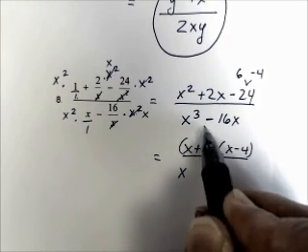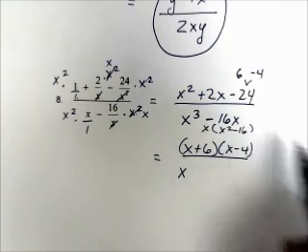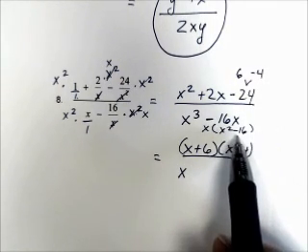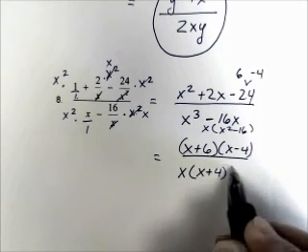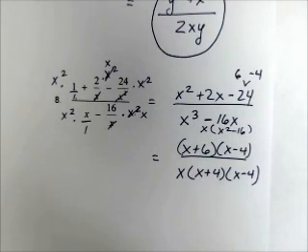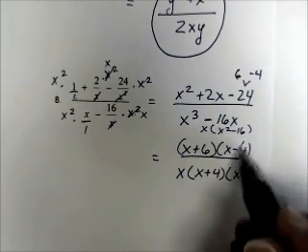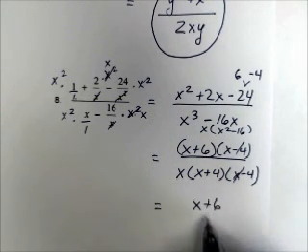If we take out x, I'm going to do this in one step, then we'll end up with x squared minus 16, but the x squared minus 16 is a difference of squares, so that's x plus 4 times x minus 4. X minus 4's divide out, so our final answer is x plus 6 over x times x plus 4.